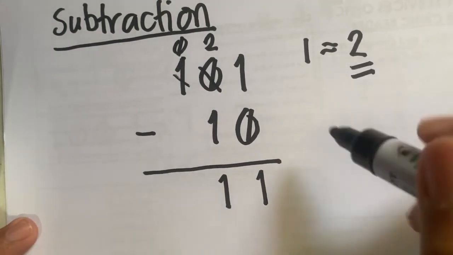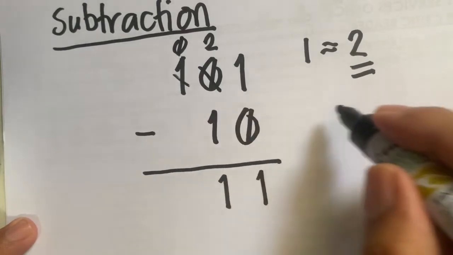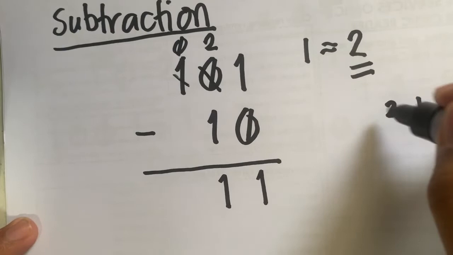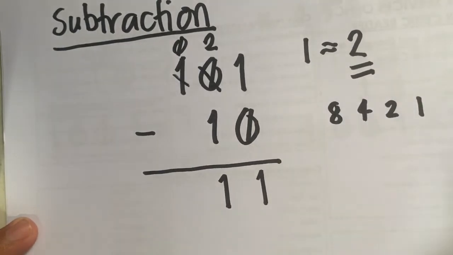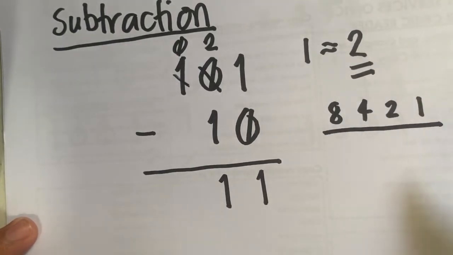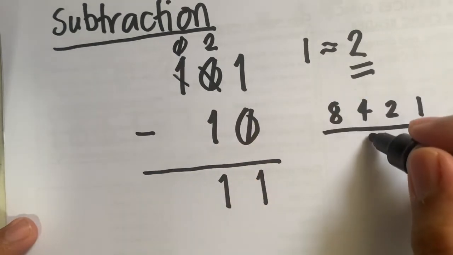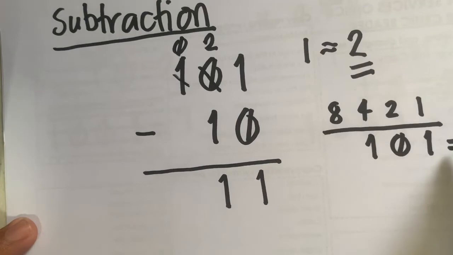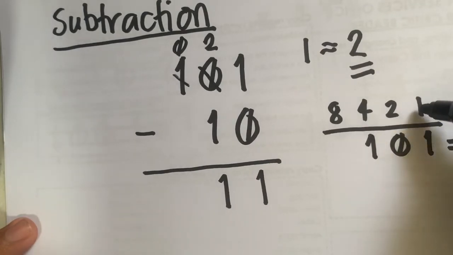Okay? Again, to check that, using the positional value, we have 101. So I'm going to write, let's say 1, 2, 4, 8. This is the positional value. So to check if our answer is correct, again, we need to put the digits below the positional value, and then we only add the digits which are opposite 1. So we have 1 and 4.